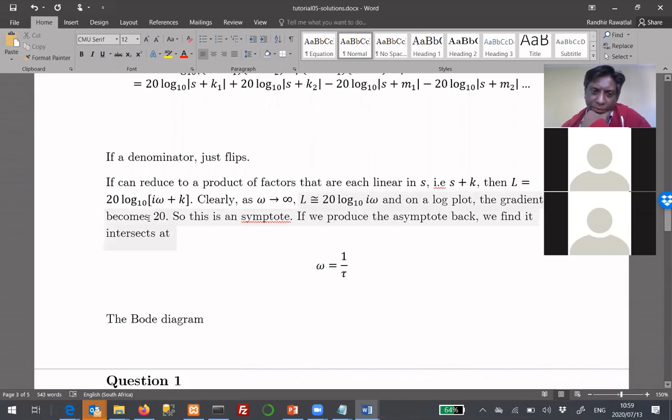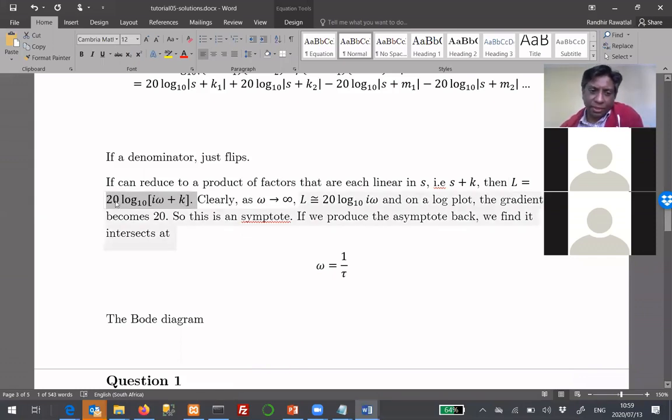if we have a way to write it as 20 log 10 of S plus K, and we know that we are looking at S equals i omega, then we can think about what that individual function is going to look like. So as omega goes to infinity, you can see that this term is going to be much larger than this one. So we can say this is negligibly small and ignore that.